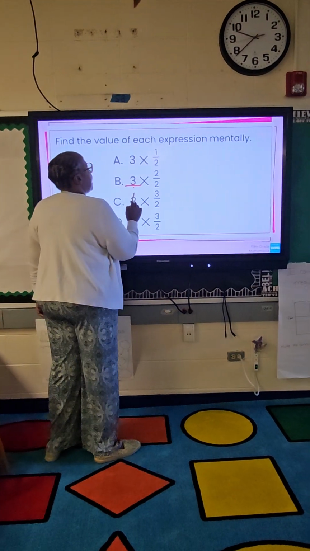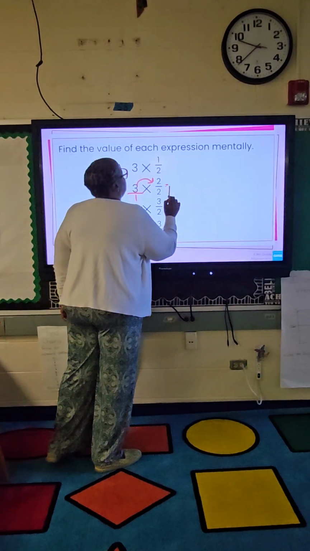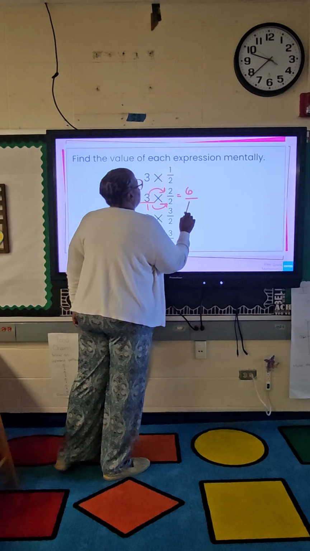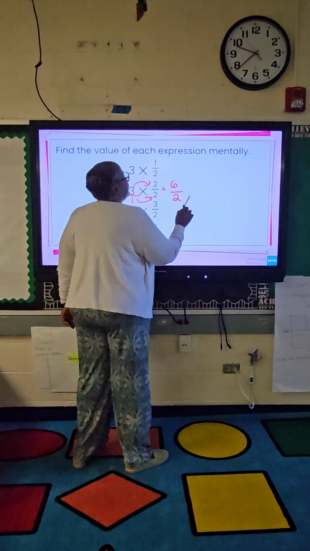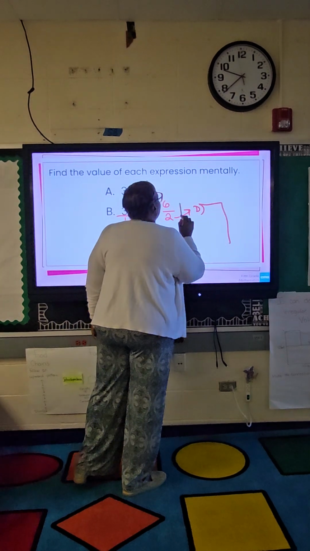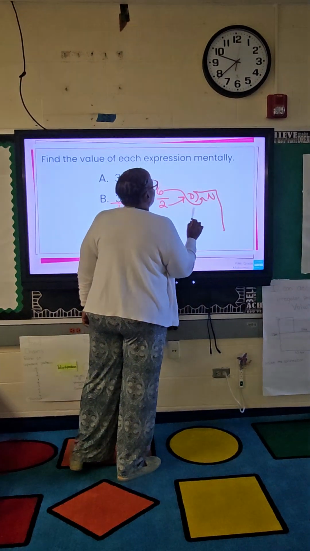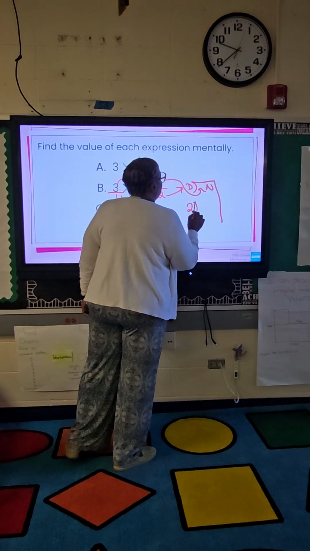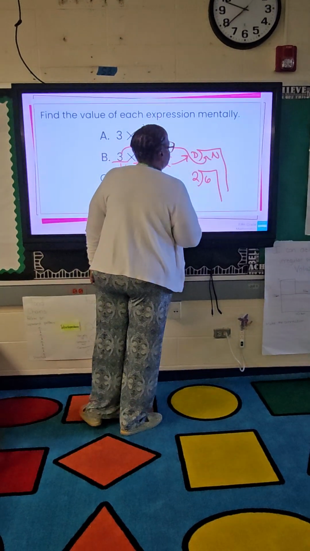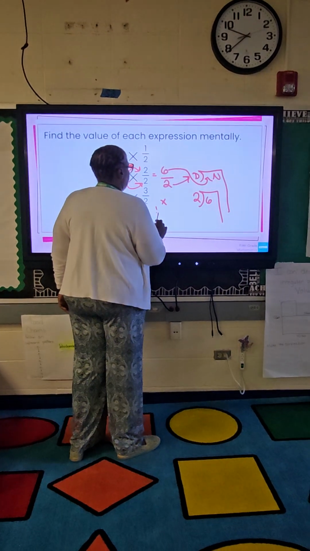We can do the exact same process. 3 times 2 equals 6. 1 times 2 equals 2. My denominator is at the door, okay? And my numerator is inside the house. So that means I have 2 divided into 6. 2 divided into 6, just in case I don't remember.